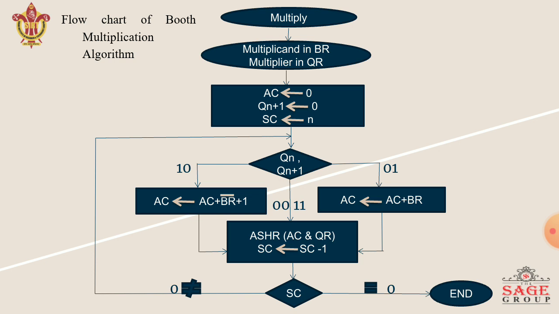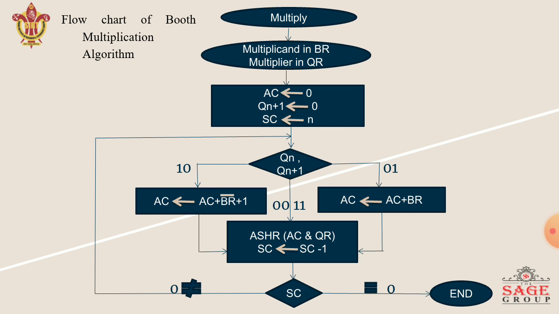For the remaining two outputs, 00 and 11, as well as after the output of 10 and 01, we perform the same operation, arithmetic shift right, on AC and QR, and decrement the value of the sequence counter, SC, by one. After that we check whether the value of SC is equal to 0 or not.